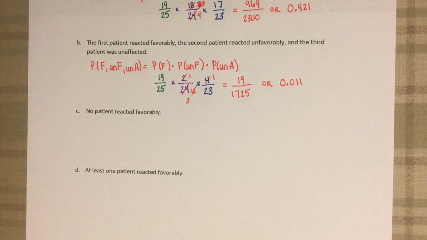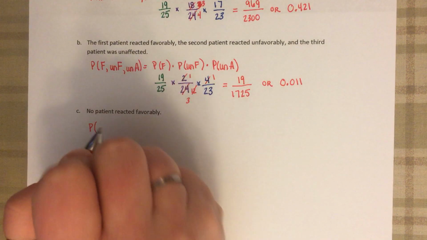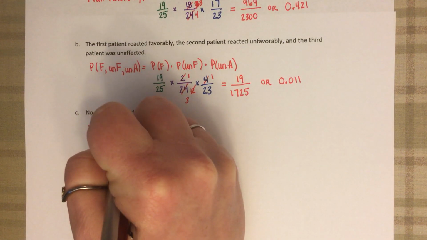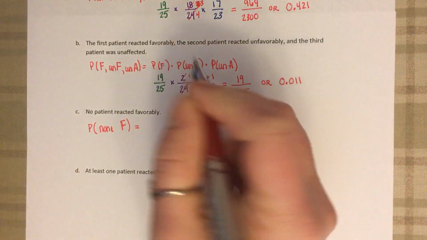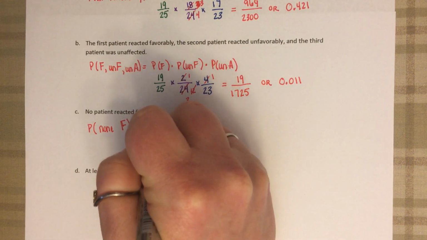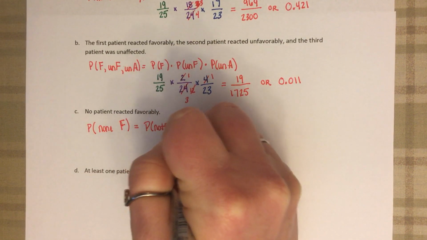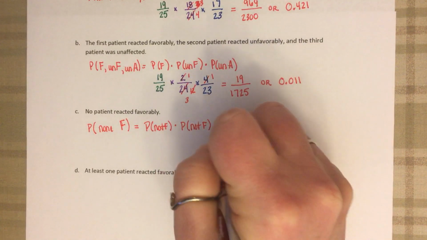Okay. In example C, we are asked to find the probability that none reacted favorably. No patient reacted favorably. So we're going to say the probability that none reacted favorably. Not favorably is actually going to include both of our other possibilities.